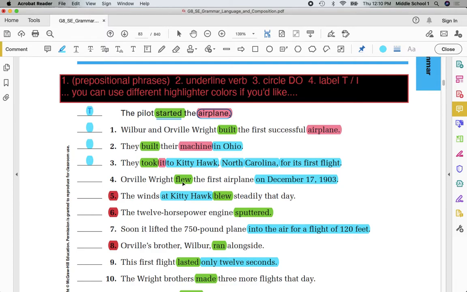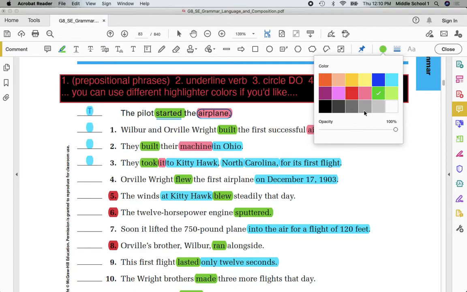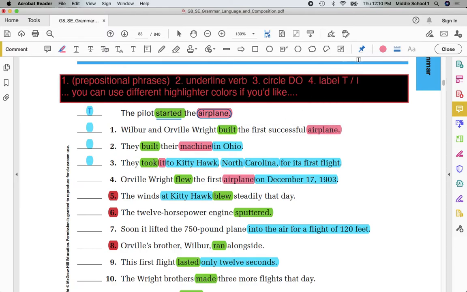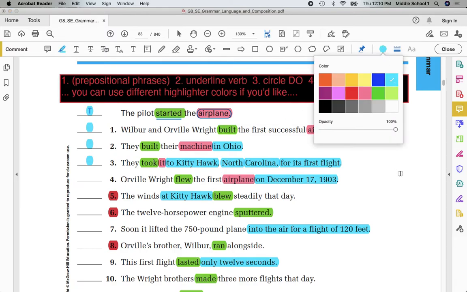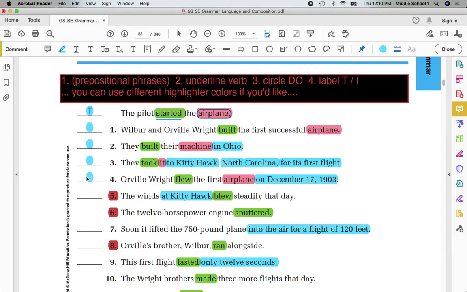Wright flew what? Wright flew plane. What does that make it? That makes the sentence transitive. Why is it transitive? Because it has a direct object. Winds blew. Blew what? Steadily. No, this is an adverb.